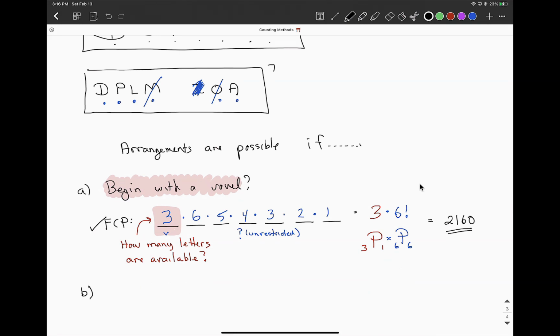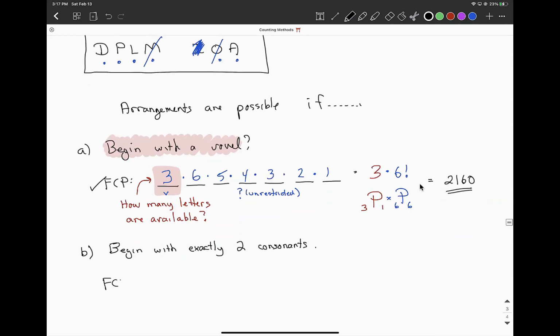Let's switch it up, and let's say that it has to begin with exactly 2 consonants. Now, there are several restrictions kind of buried in that statement.